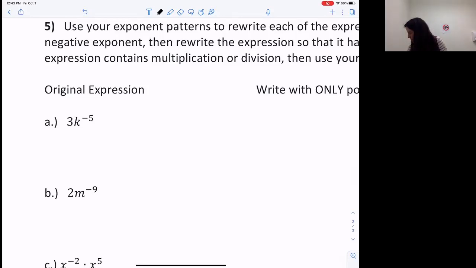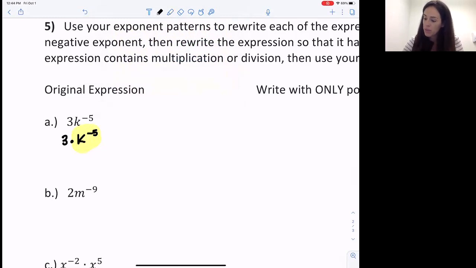Hold on one second. I'm going to plug in my computer. So I'm just going to take a second to rewrite this so you guys see what I mean. I have 3 times k to the negative 5. This negative 5 only applies to the k. It does not apply to the 3.